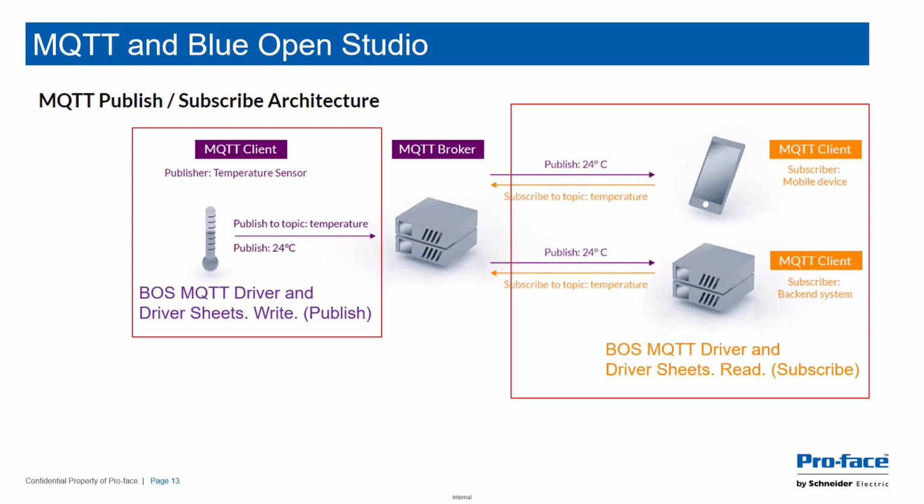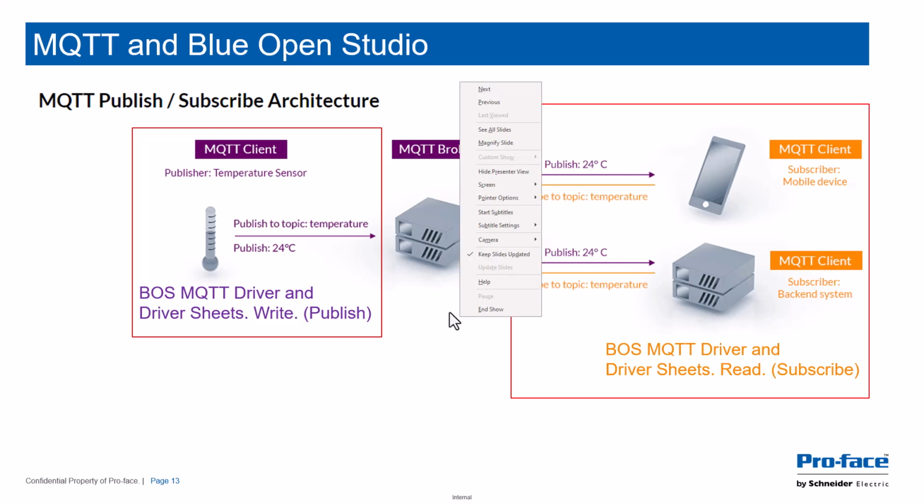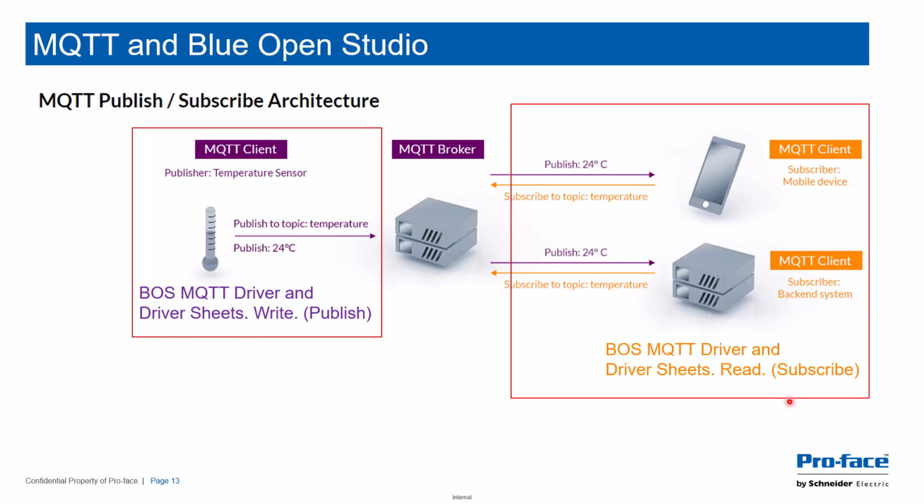There's a little bit of different behavior between the two sheets, but at the end of the day, as an MQTT client, when the BOS MQTT driver is doing a write function, that is an MQTT publish. And then on the other side of the system, an MQTT subscribe is going to be a read function in the sense of the driver sheets.